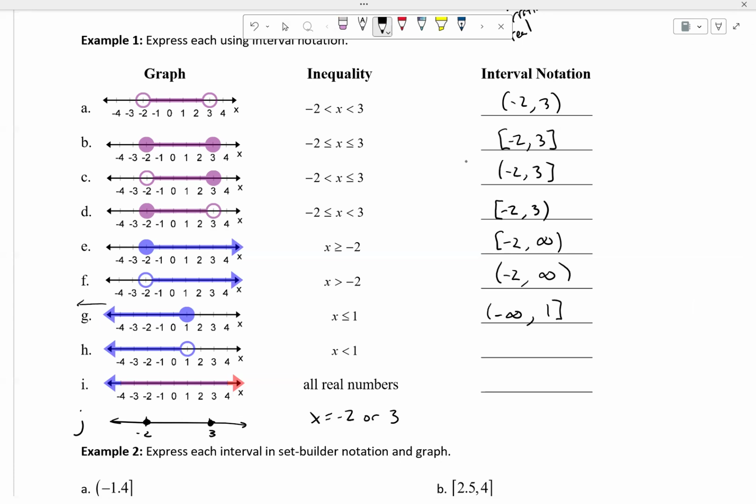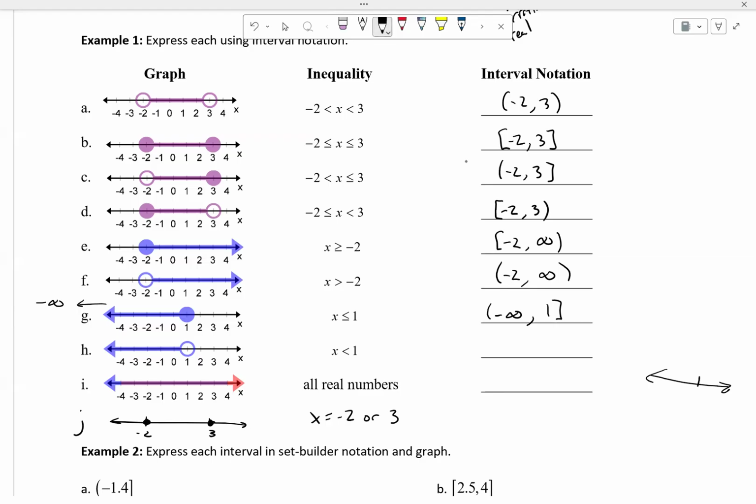Because negative infinity is down this way, and we're going from left to right. Let me check the number line. Yes, left to right, always negative first. But how about if you have two negatives?